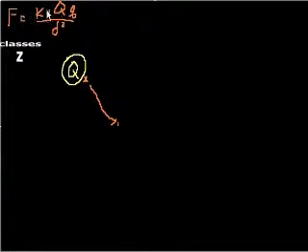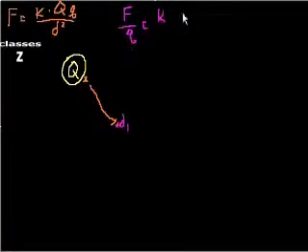So what we can do is take this equation up here and divide both sides by this small q and say, okay, the force per charge at this point, let's call that d1, is equal to Coulomb's constant times the charge of the particle that's creating the field, divided by, in this case, d1 squared.